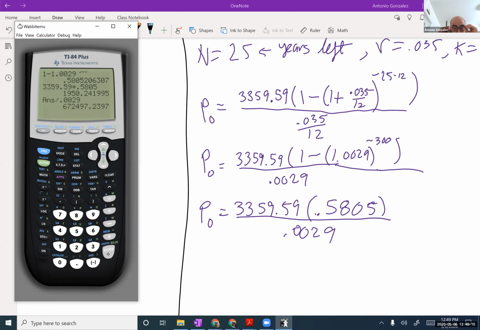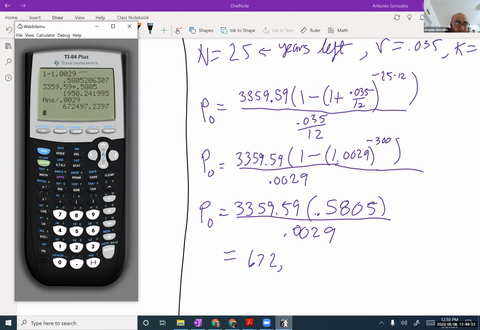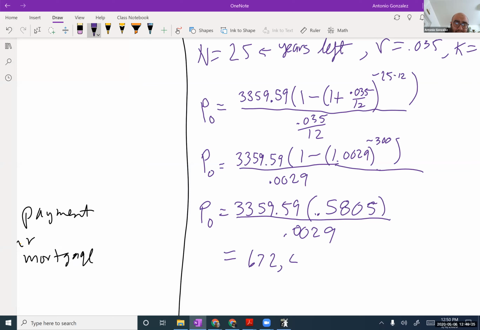Okay, so after 5 years of paying this, we are left with $672,497 and roughly 24 cents.